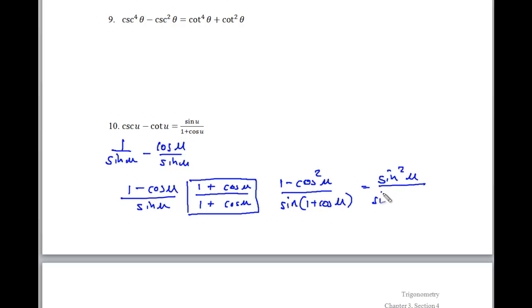And down here, this is sine of u, and then 1 plus cosine of u. Again, glad that I didn't distribute this back in there because the square simplifies with one of the terms down there. So now in the numerator, I have sine of u instead of sine squared u. And down below, this is 1 plus cosine of u. So now it matches the identity I needed to establish.